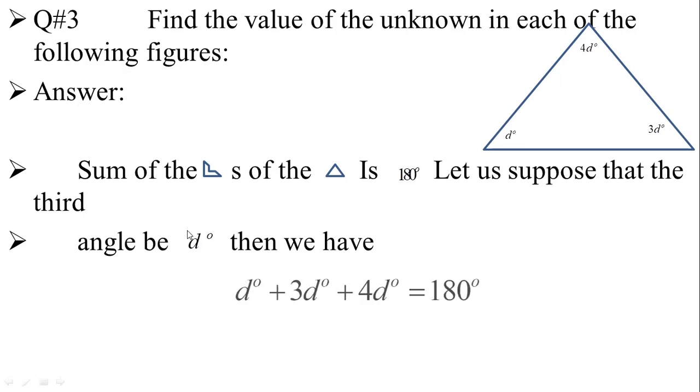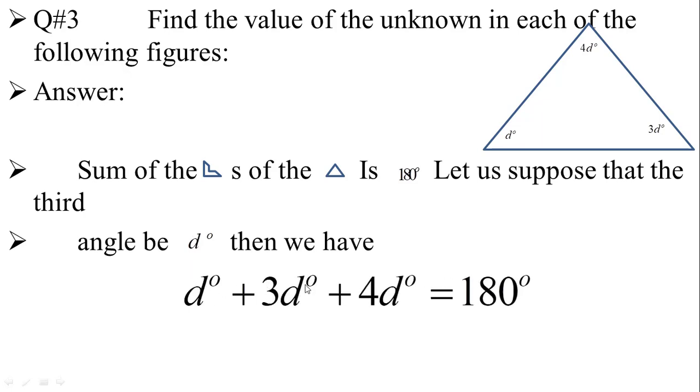Then we have d degrees plus 3d degrees plus 4d degrees is equal to 180 degrees. The sum of the three angles is equal to 180 degrees. Now we add the three angles: d plus 3d plus 4d is equal to 180. 1 plus 3 plus 4 is equal to 8.